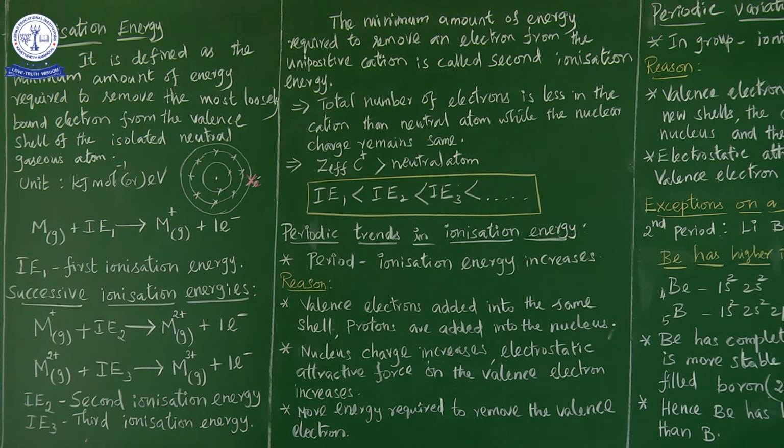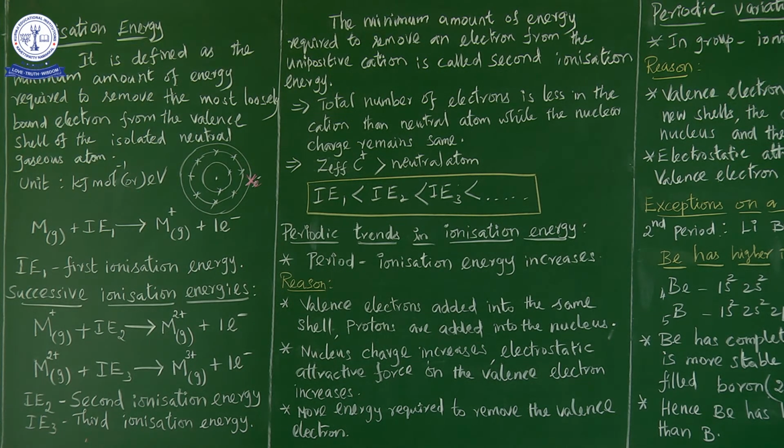So initially for neutral atom, the total number of electrons for sodium is 11 and the nuclear charge is also 11 because atomic number is equal to number of protons and also number of electrons for a neutral atom. For sodium, the atomic number is 11. So atomic number 11 means the number of electrons 11 and the nuclear charge for sodium is also 11.